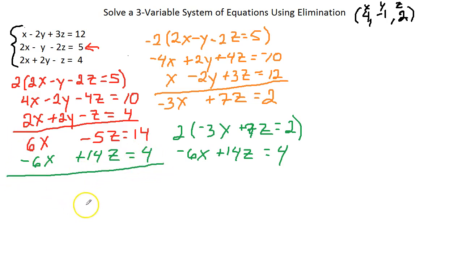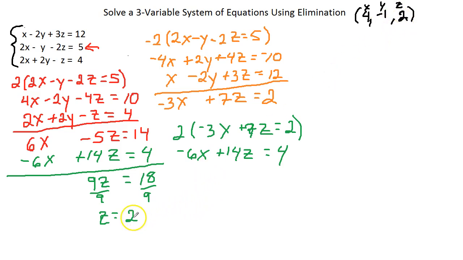All right, these cancel out. That's what we want. Negative 5z plus 14z gives me 9z equals 14 plus 4, 18. Divide by 9, and I get z equals 2. You notice we match. z is 2.